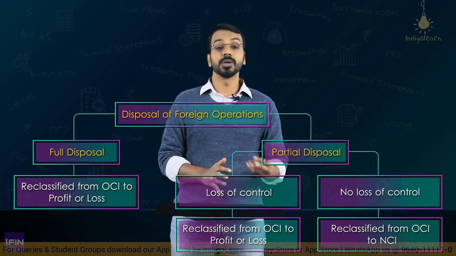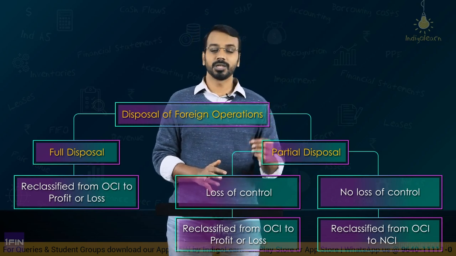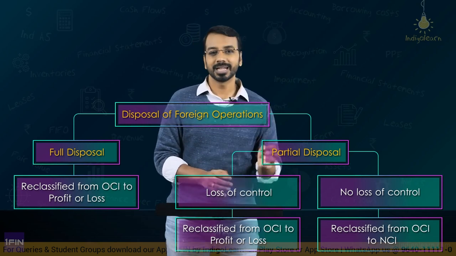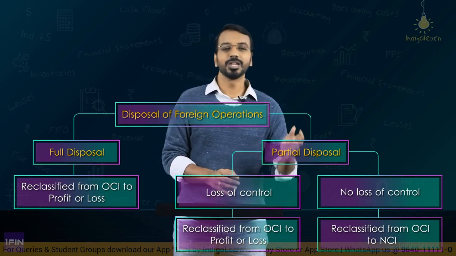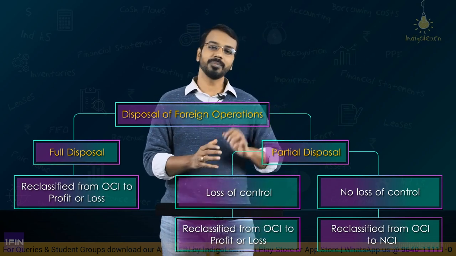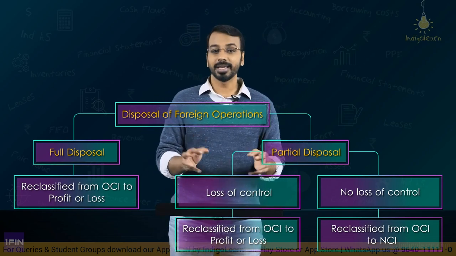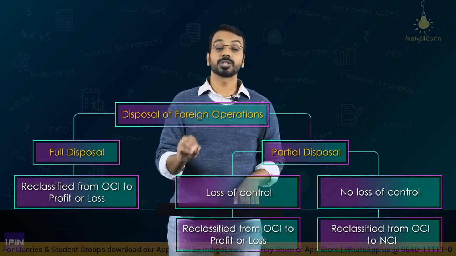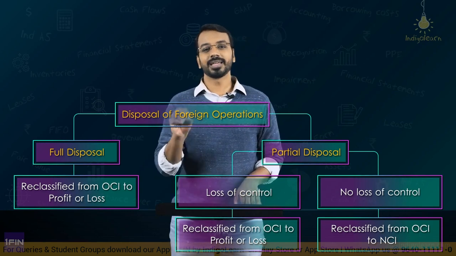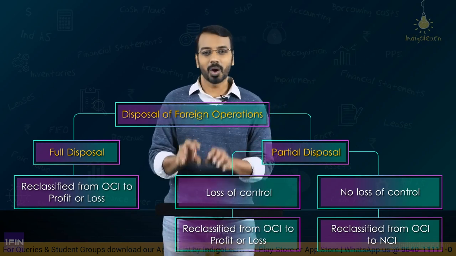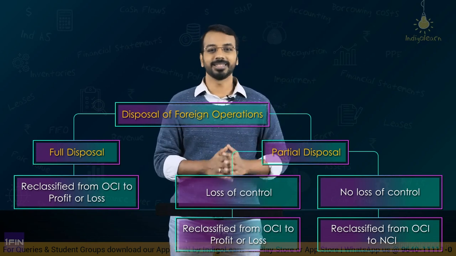In that case, the proportionate amount will be transferred from the OCI to the NCI, that is from other comprehensive income to the non-controlling interest. And in no case, when you dispose of a subsidiary, will the non-controlling interest portion of the FCTR be reclassified to the P&L. Okay, that will not be done because that does not belong to the reporting entity.